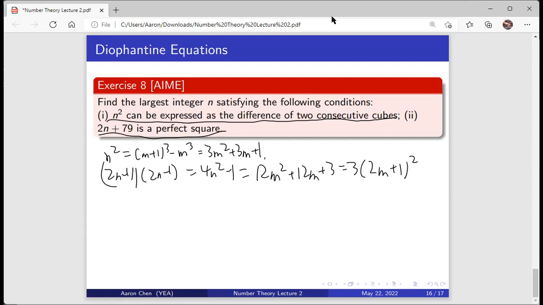And both of these are odd, and their difference is 2, so they're relatively prime. But since their product is 3 times a square, one of them is a square, and the other is 3 times a square.